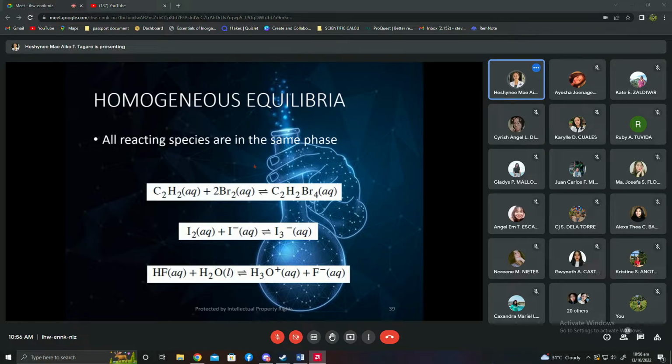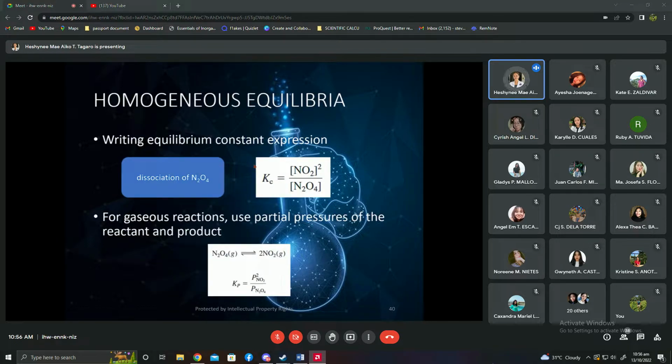Okay, next. In writing the equilibrium constant expression for homogeneous equilibria, it is the same with how we did it in the previous slides. So there is no problem with this.